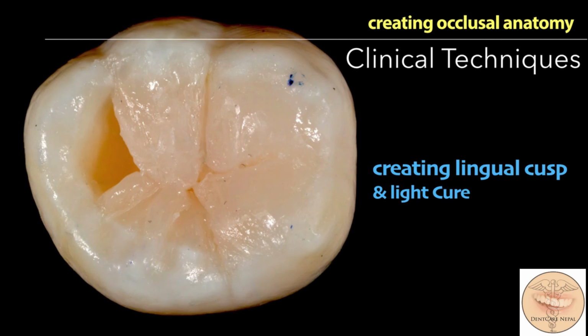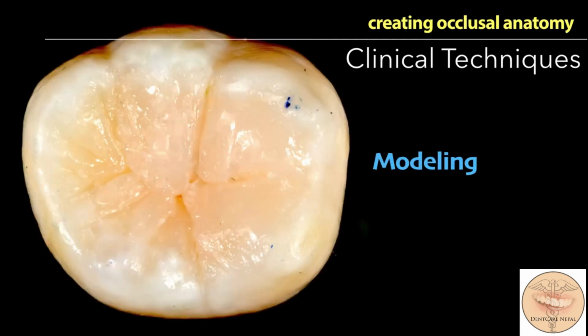The only thing is that the curing light should never touch the occlusal surface. Keep it a bit away from the occlusal surface, because it can contaminate the occlusion and the light as well, and the efficiency of the light will decrease after these procedures because you're doing a lot of things in clinics. Then you complete the modeling.